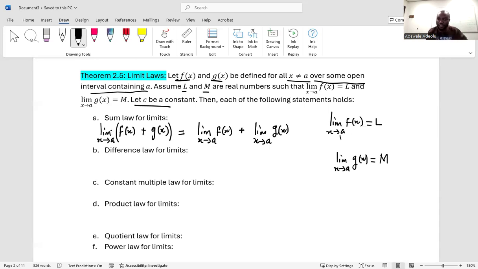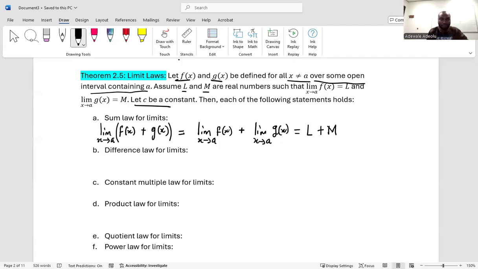Recall that we call the value for the first limit L, and the value for the second M. So we can say that our answer is L plus M. That is, add the value of the limit for f of x to the value of the limit of g of x. That will be the limit when you are adding the two functions together.